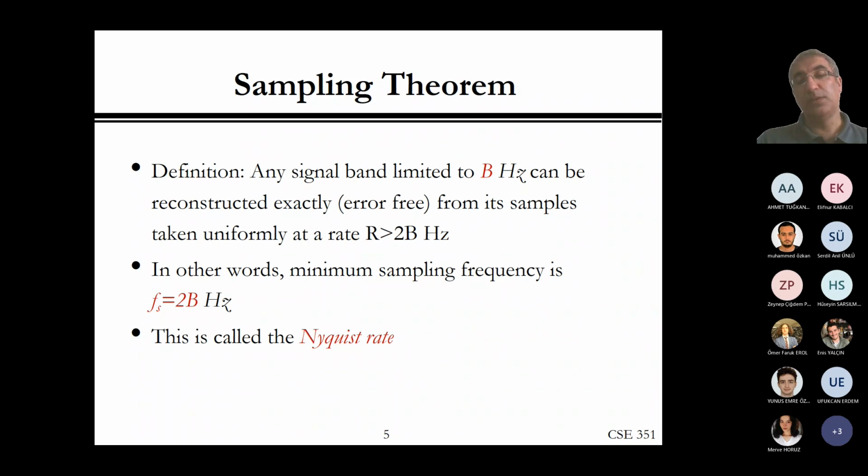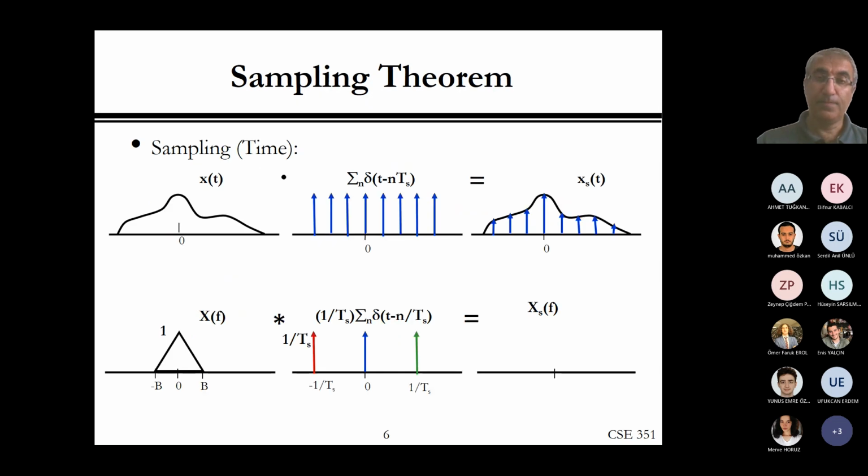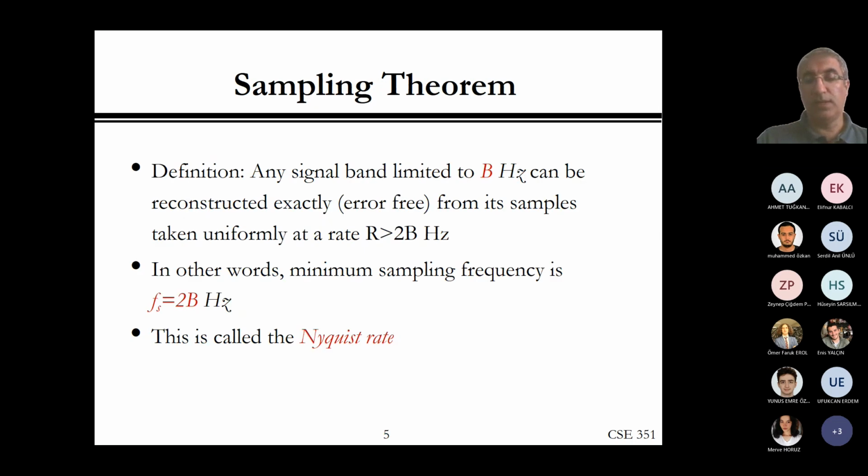This can be a voice, a video, an image, data, or text. Whatever it is, when you sample this signal, you need to be careful. As a rule of thumb, you need to sample at minimum at the Nyquist rate, which is 2 times the bandwidth of your signal. Okay, so that was the verbal explanation.